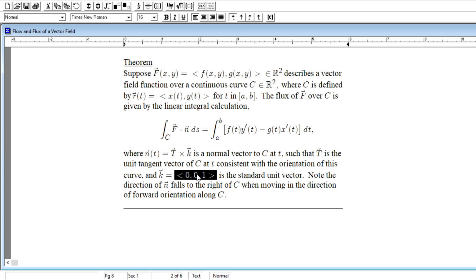If we want to interpret that, we might say the direction of n bar falls to the right of the curve C. It would fall on what you would think of as your right-hand side when moving in the direction of forward orientation along that curve.